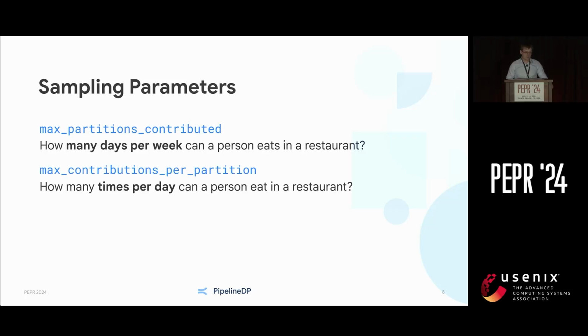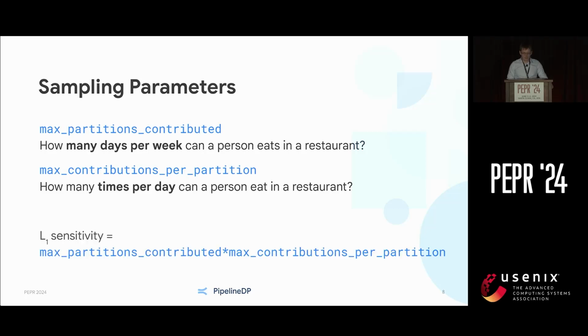And another parameter is max contribution per partition, which means how many times per day one person can go to restaurants. And the L1 sensitivity in this case would be just the product of these two. It's easy to see, for example, if the first one is 3, meaning maximum 3 days, and the second is 2, maximum 2 times per day, then the maximum will be 6, the product.